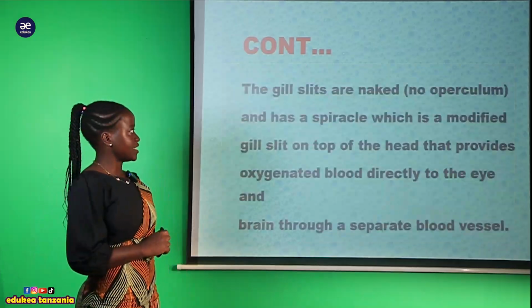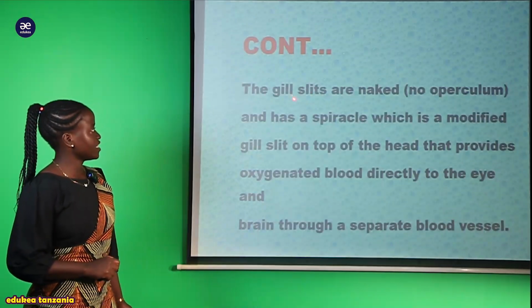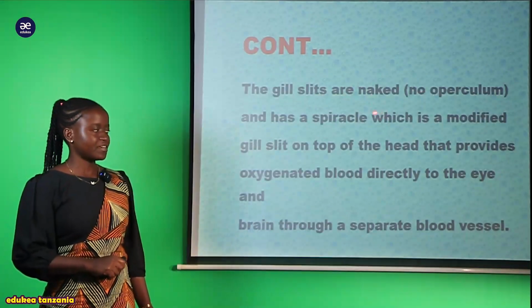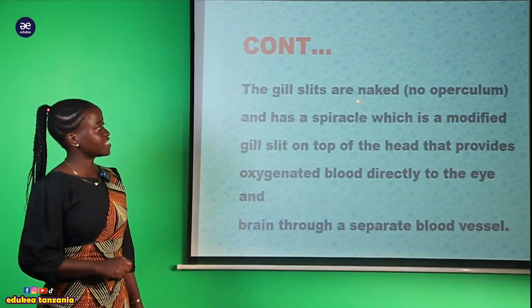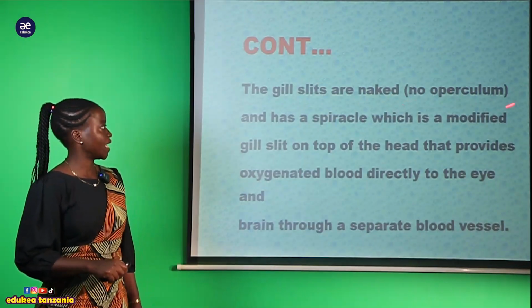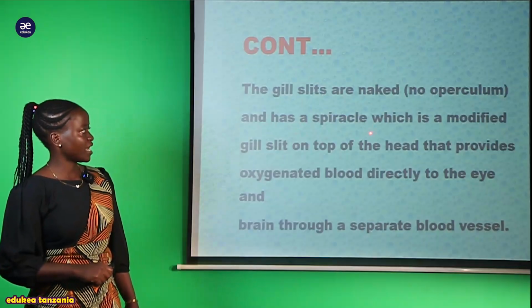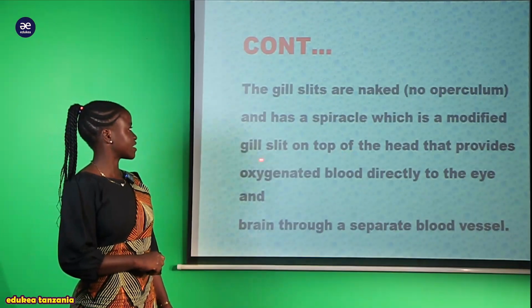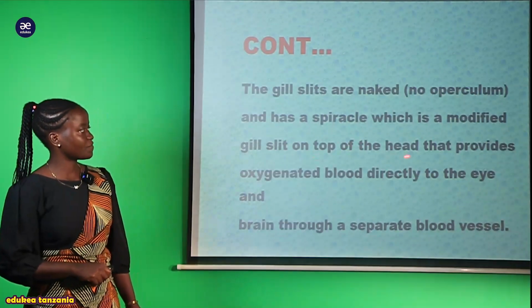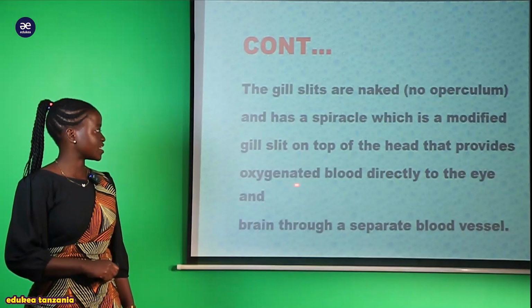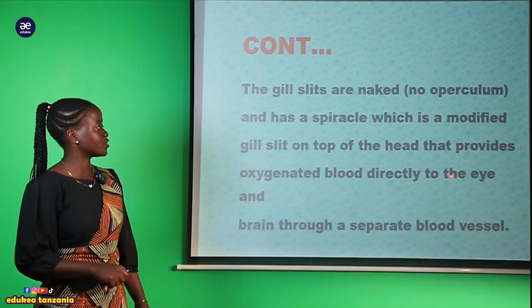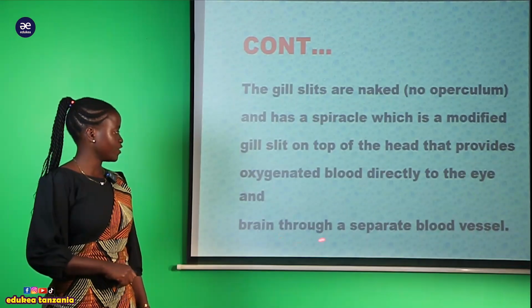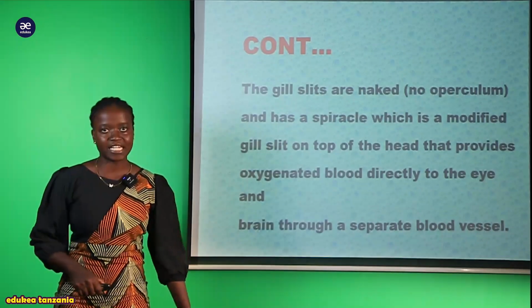And also, my students, we can say that the gill slits are naked. As I have said, we have seen the gill slits are naked, no operculum, and has spiracles which are modified as a gill slit on the top of the head that provide oxygenated blood direct to the eye and brain through a separate blood vessel.